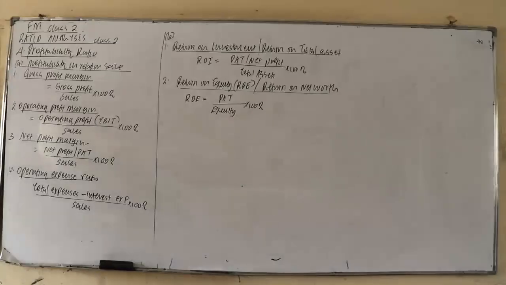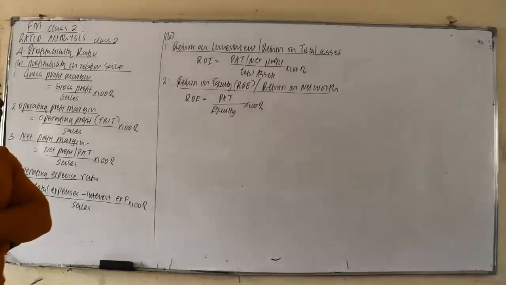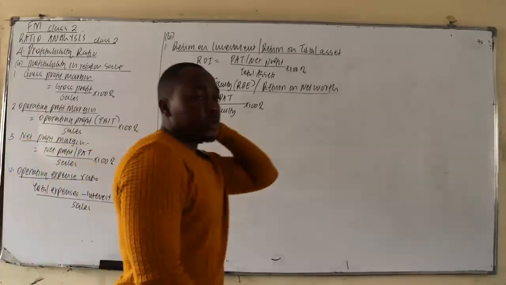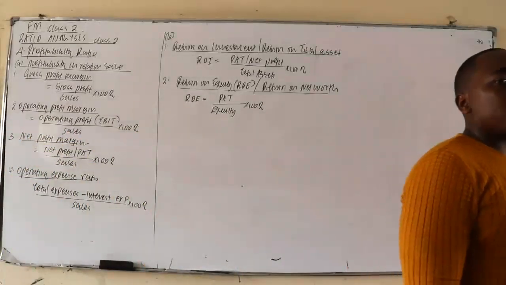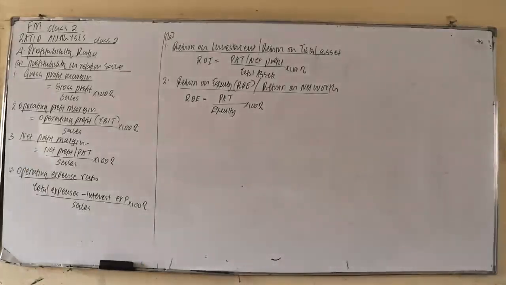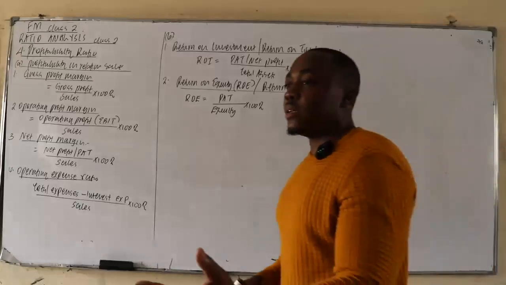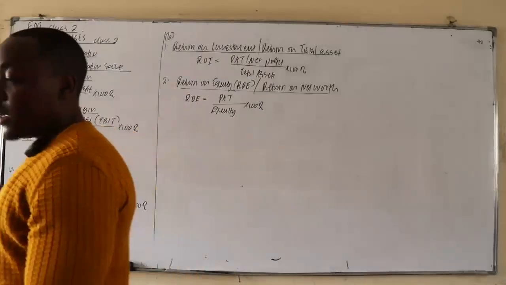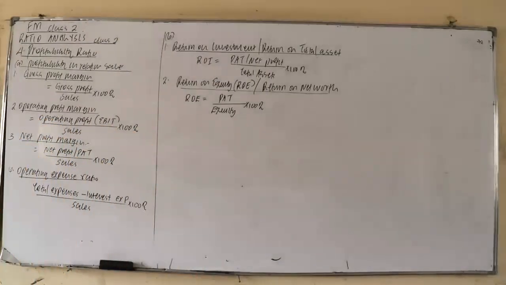You can explain that equity elements include: ordinary share capital, share premium, retained earnings, and reserves.